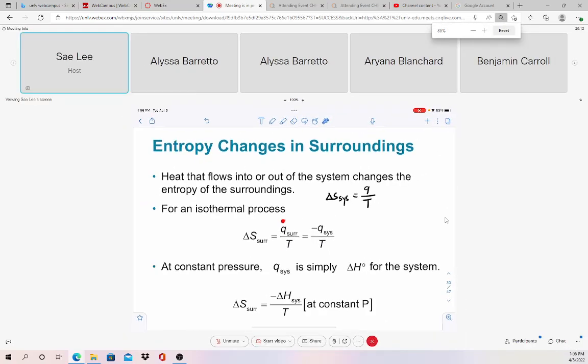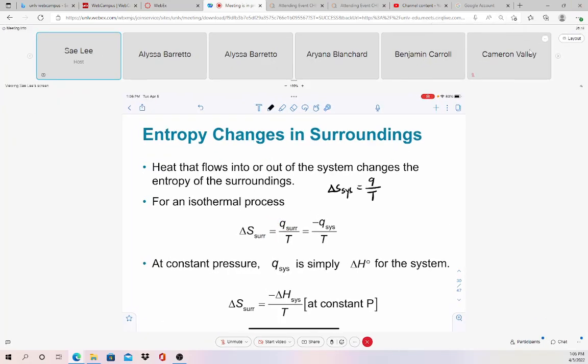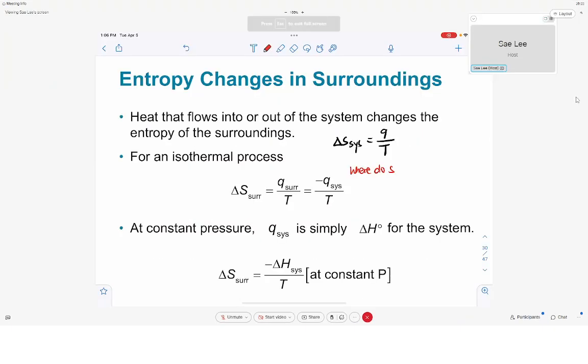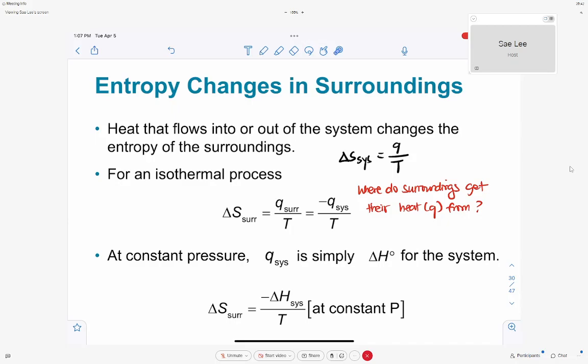But where do surroundings get their heat from? The heat that the surroundings get is from the reaction or from the system, right?